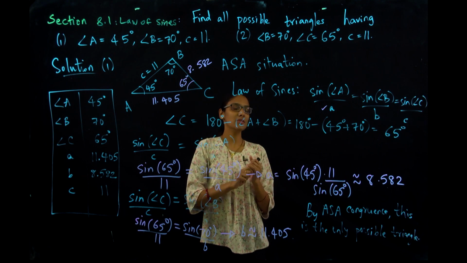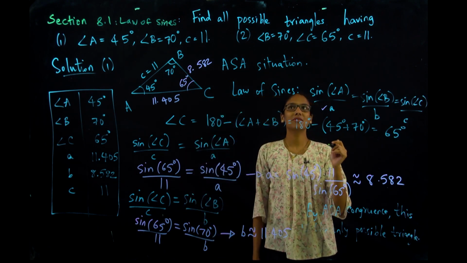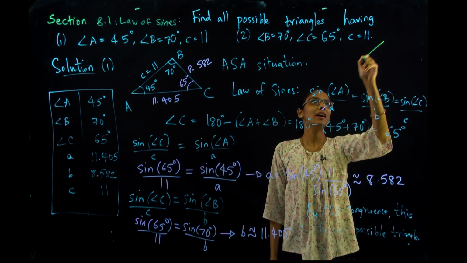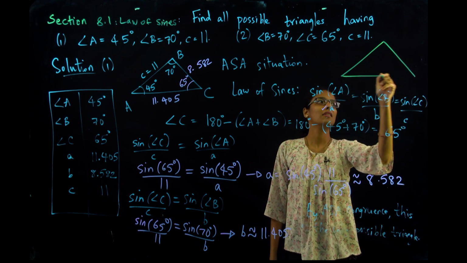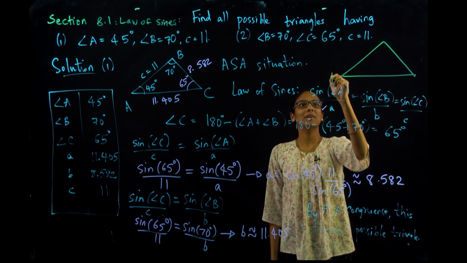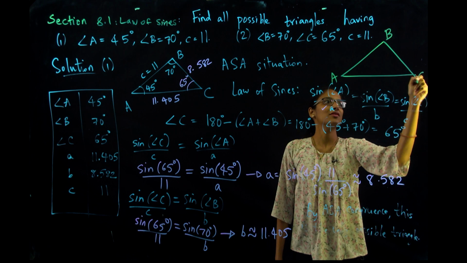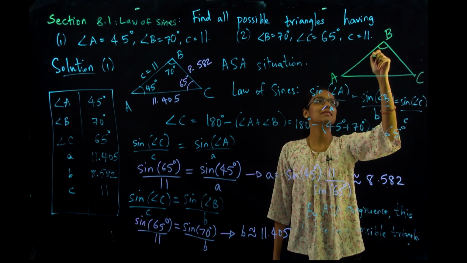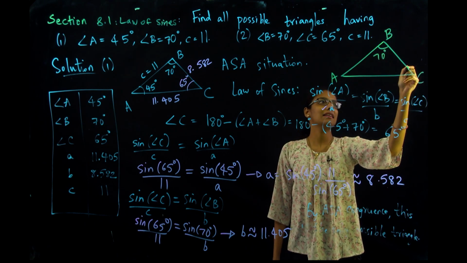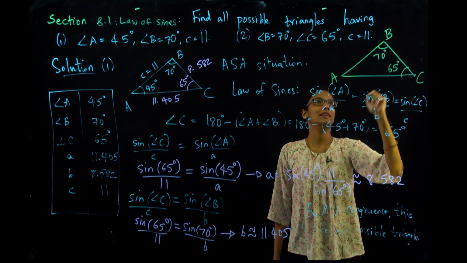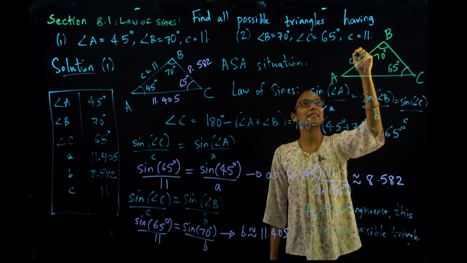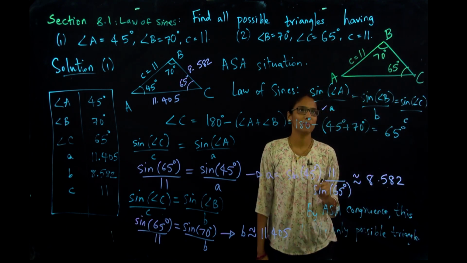Now for part 2, let's see what the situation is. If you draw a triangle and label these measurements, so let's again have triangle ABC. Angle B is given as 70 degrees, angle C is 65 degrees. Side opposite to that is little c, which is 11.